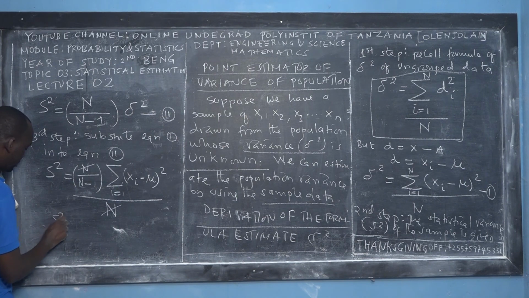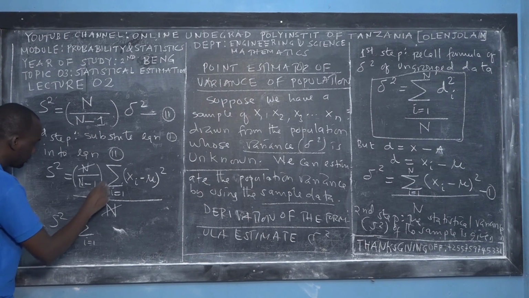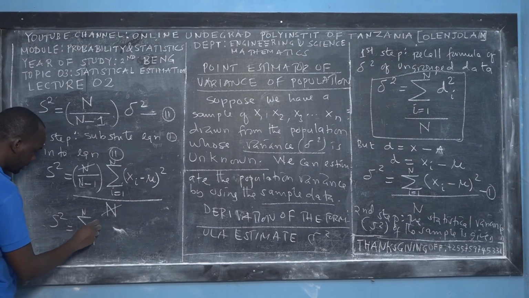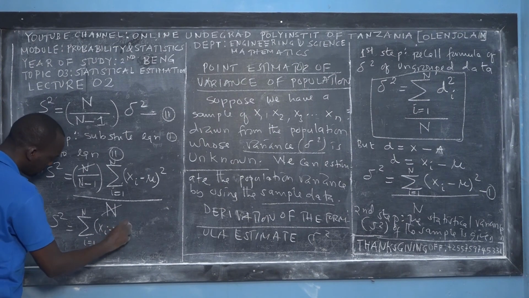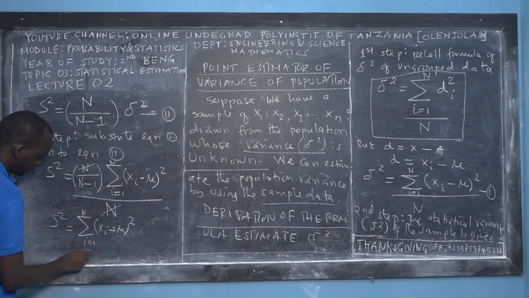And this one we simplify. So we find that the statistical variance, which is the estimated variance of the sample, from i = 1 to n of xi minus mean, squared, we divide by sample size minus 1.